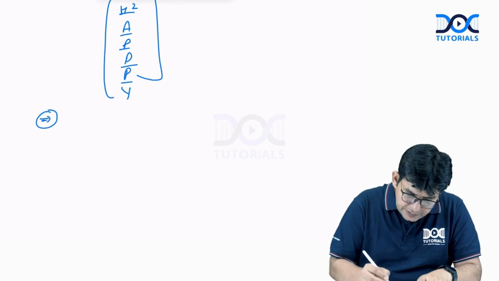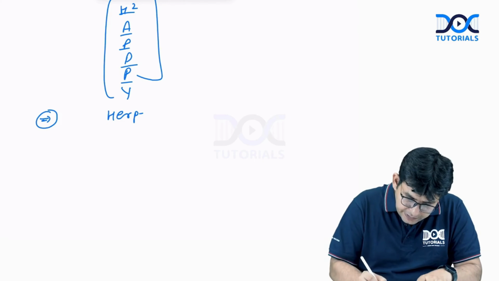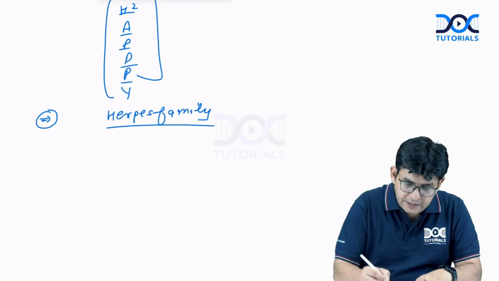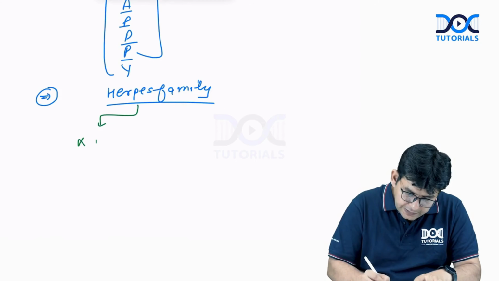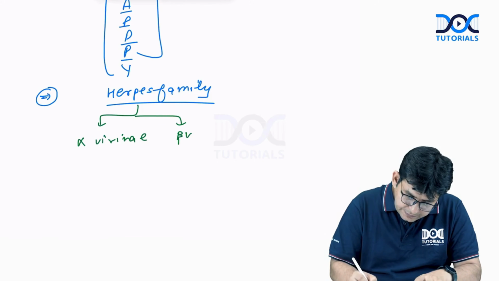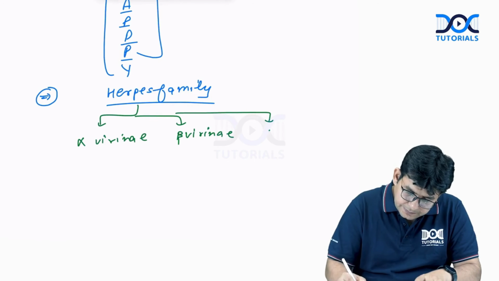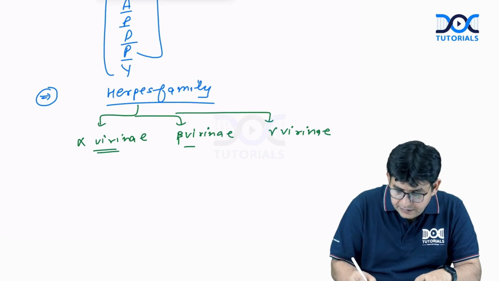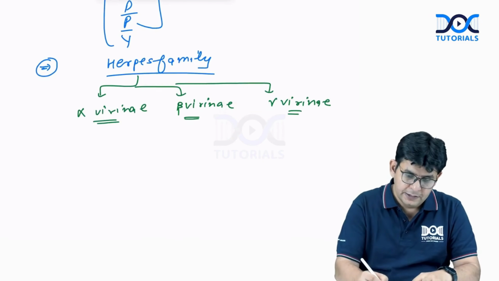Now, guys, first of all, we'll talk about the herpes family. This herpes family has certain subfamilies like alpha viridae, beta viridae, and gamma viridae.